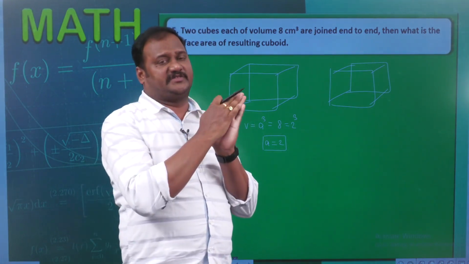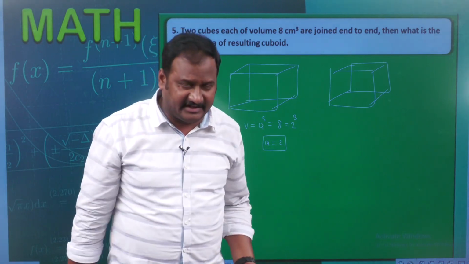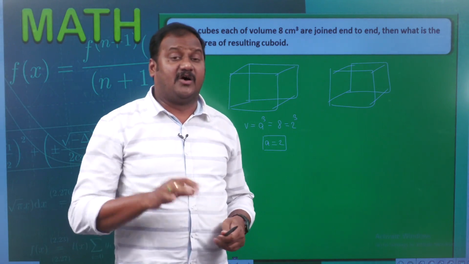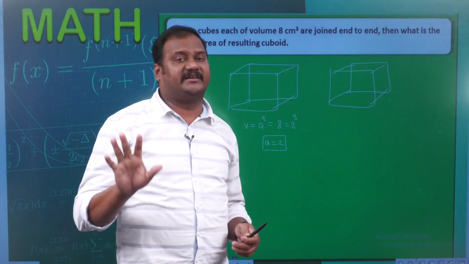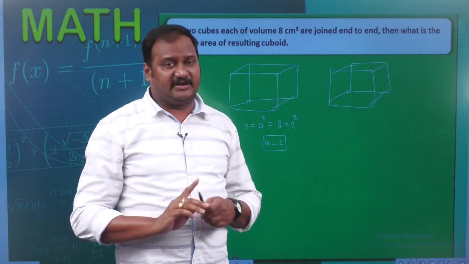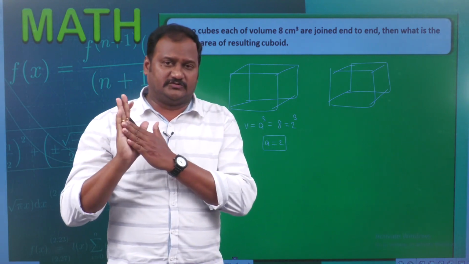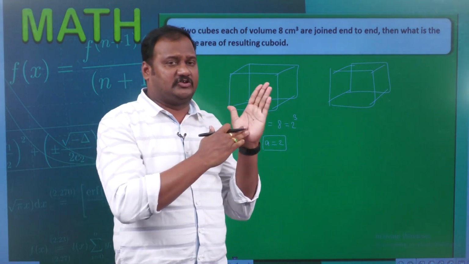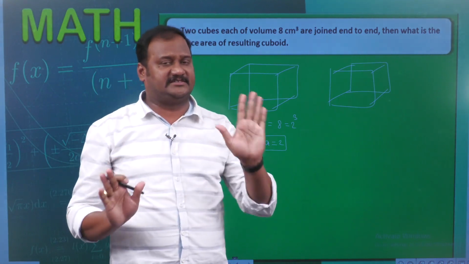Since you are finding the total surface area, whatever you can see, whatever you can touch comes under surface area. But when you join end to end, one face of one cube and one face of the other cube will be joined, means you cannot see this face as well as this face.